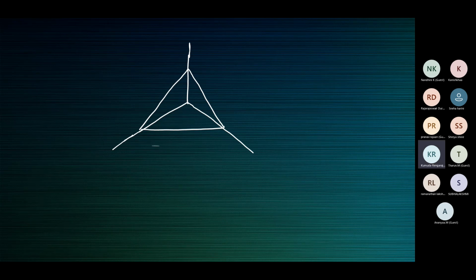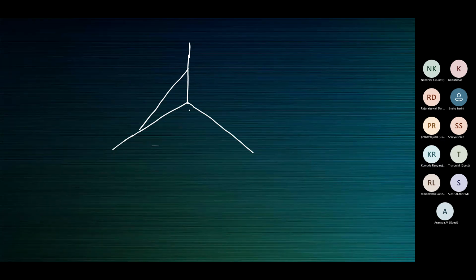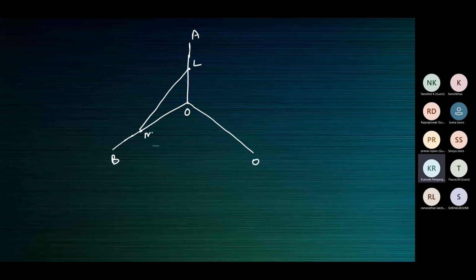So see here. So we were here. OA, OB, and OC. L is chosen on OA, M on OB, and N on OC.